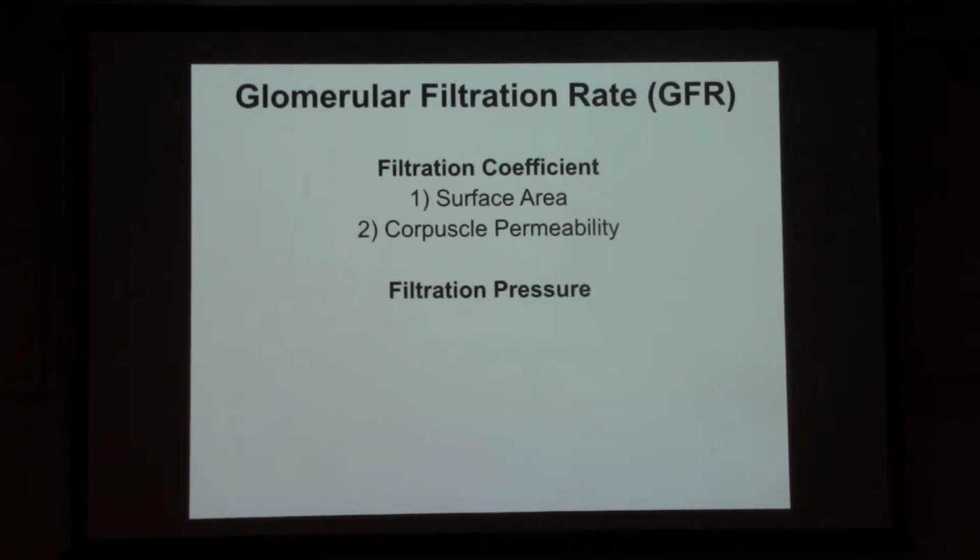Right, we just talked about all those pressures involved in filtration with the renal corpuscle. And so those pressures can influence your GFR. You start playing with those pressures, raising or lowering them, it's going to change your filtration rate. So let's take a closer look at these pressures.